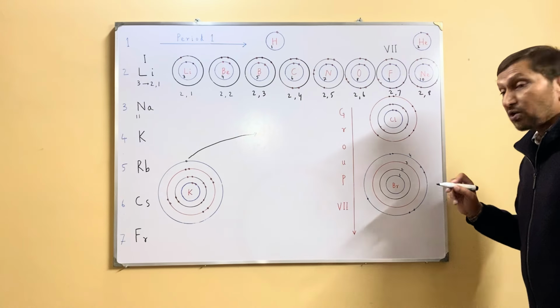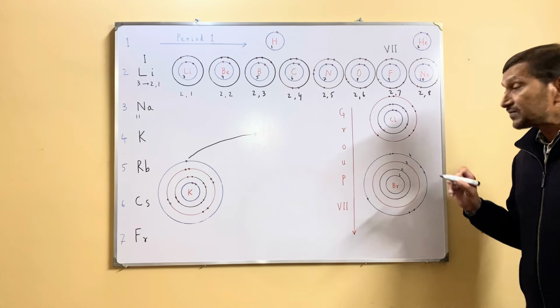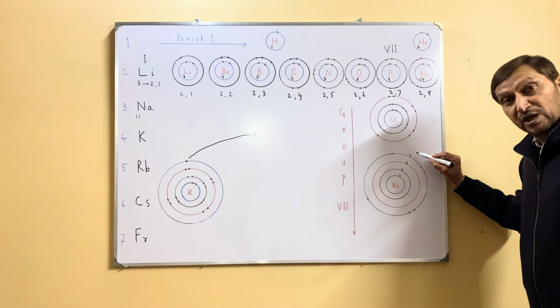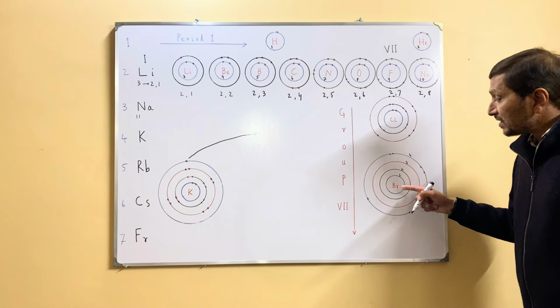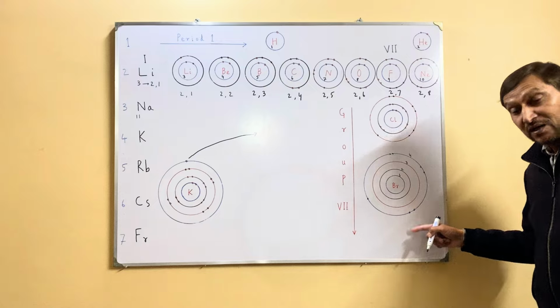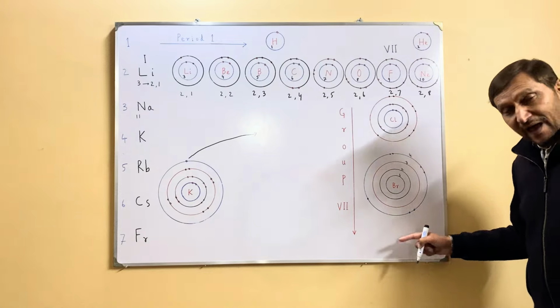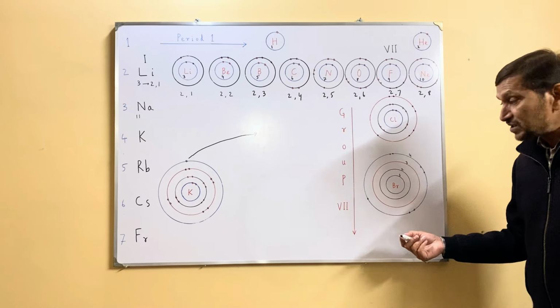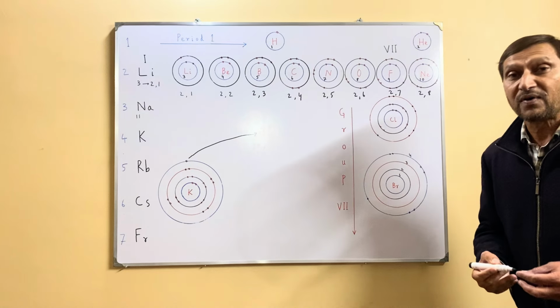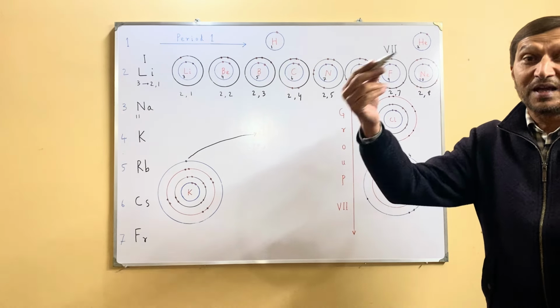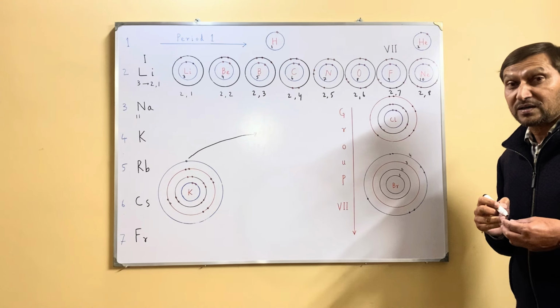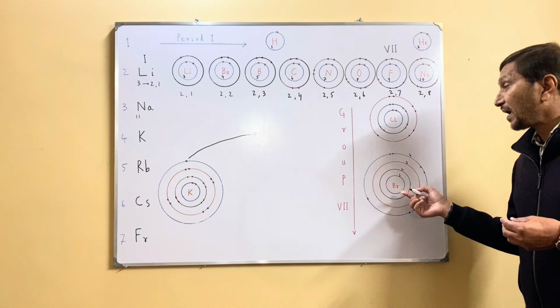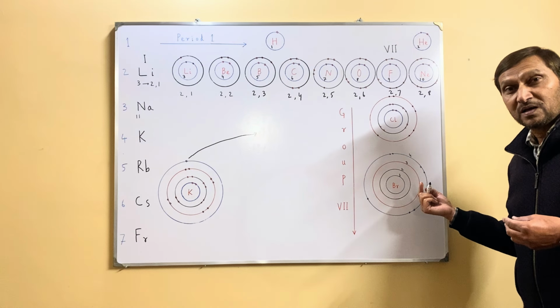and another thing is the shielding effect, because of the electron repulsion. So it becomes very difficult for bromine, iodine or astatine, as the atomic size is increasing, to gain another electron from another atom.